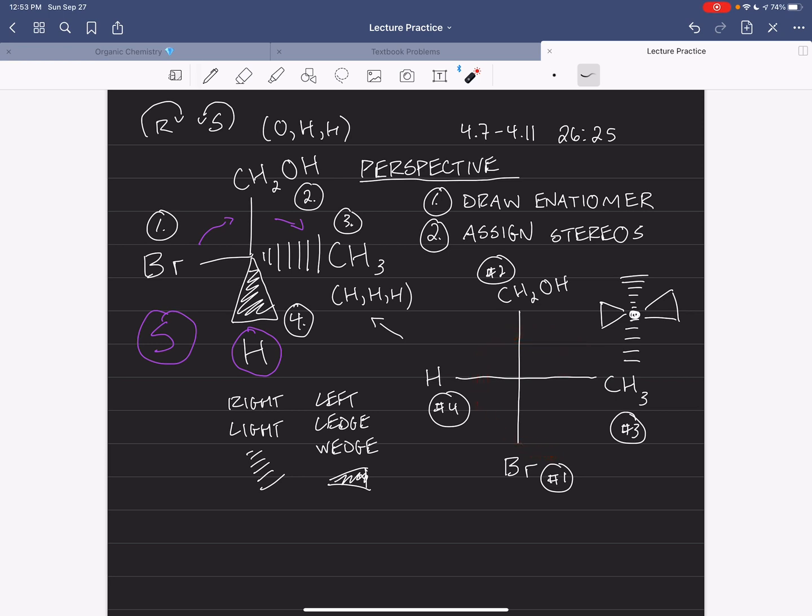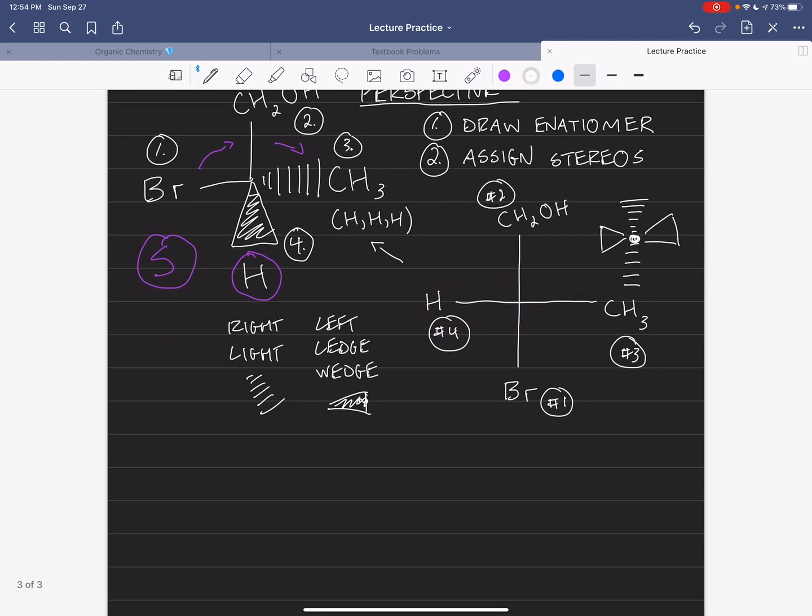However, look at our hydrogen and look at our rules for Fisher projections. For a Fisher projection, your vertical line is king. Your vertical line is what's going into the page. We want our hydrogen to be going into the page.